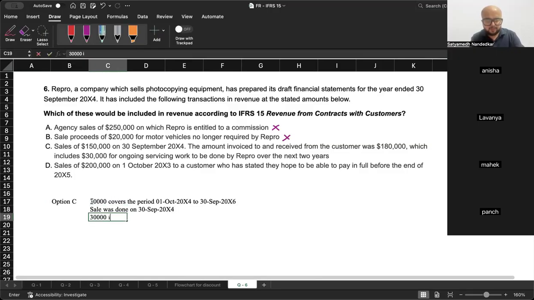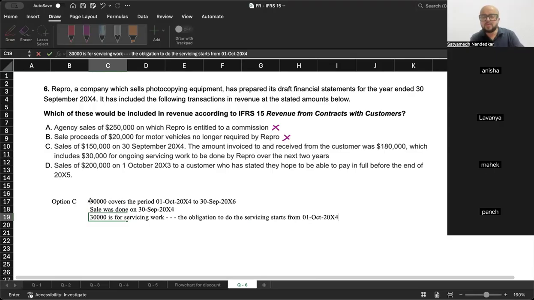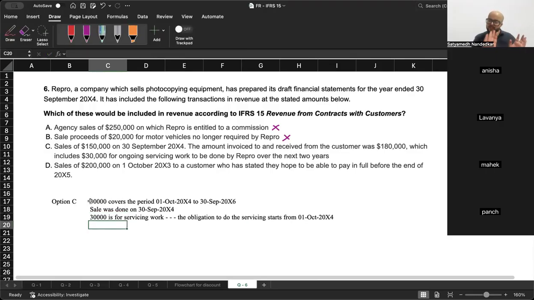The 30,000 is for servicing work. The obligation to do the servicing starts from which date? It starts from 1st of October 2004, right. The bill was made on 30th September, but servicing will start from the next day. So nothing will be included in the current year for it. The 1,50,000 sale can be included in the current year. Okay. So this is right.